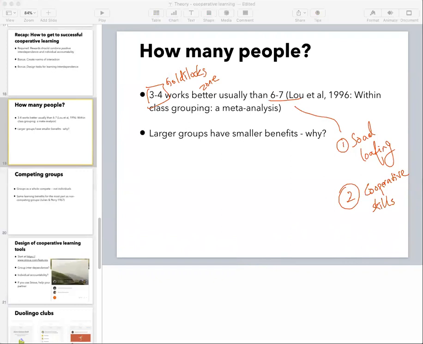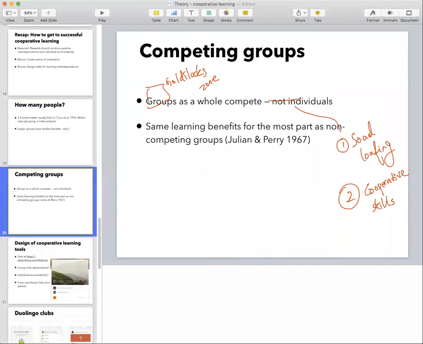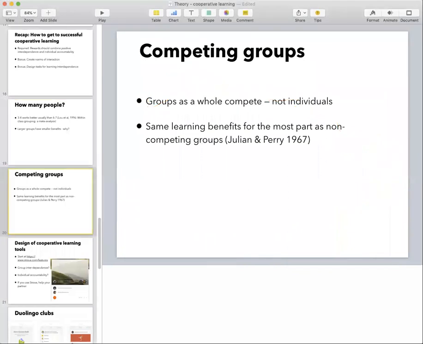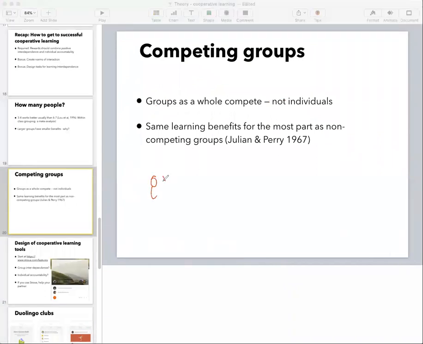That's question one. The other question, and this is the last thing that I'll leave you with, is what happens when you have competing groups? Often there's this idea that, hey, why don't we combine the benefits of cooperation and the benefits of competition?